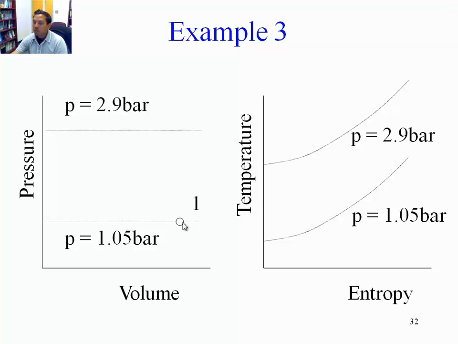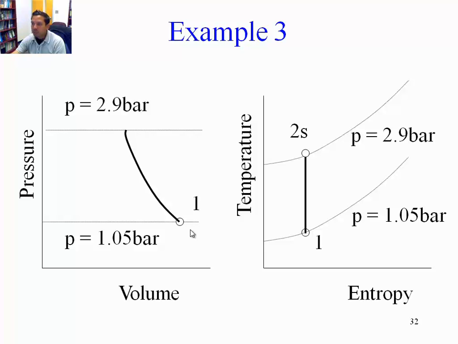So it goes from state 1 to state 2. When it does so isentropically or ideally in the reversible case, it does so perfectly vertical because the entropy doesn't change, for the case of the ideal process. So that's 2s, from 1 to 2s.